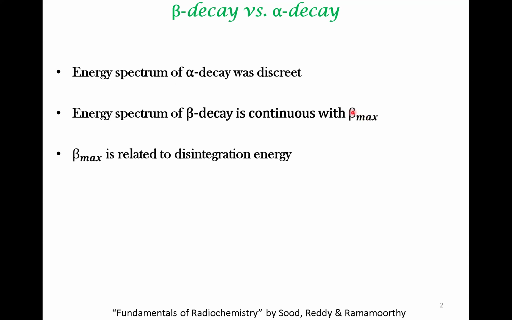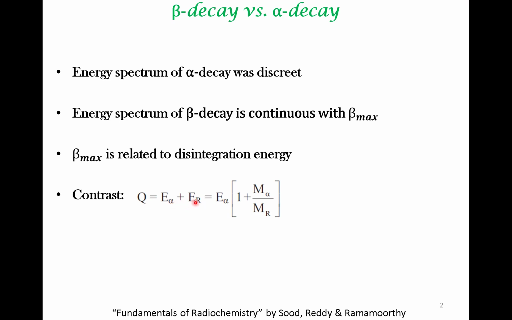This maximum energy of beta particles is related to the disintegration energy, that is, the energy that is released in radioactive decay involving beta particles. Let's try to contrast further. This is the disintegration energy. In alpha decay, we saw that this Q is shared between two particles: the alpha particle, as well as the nucleus that is left behind, which recoils because momentum has to be conserved.